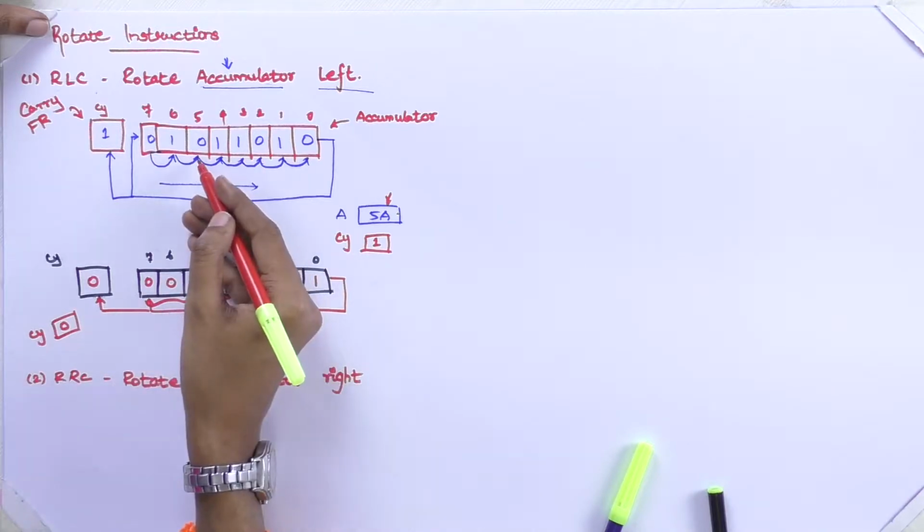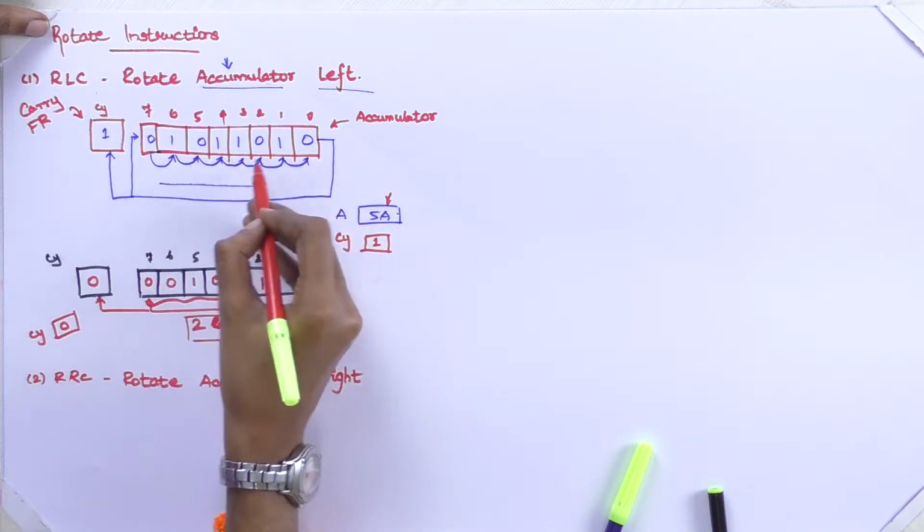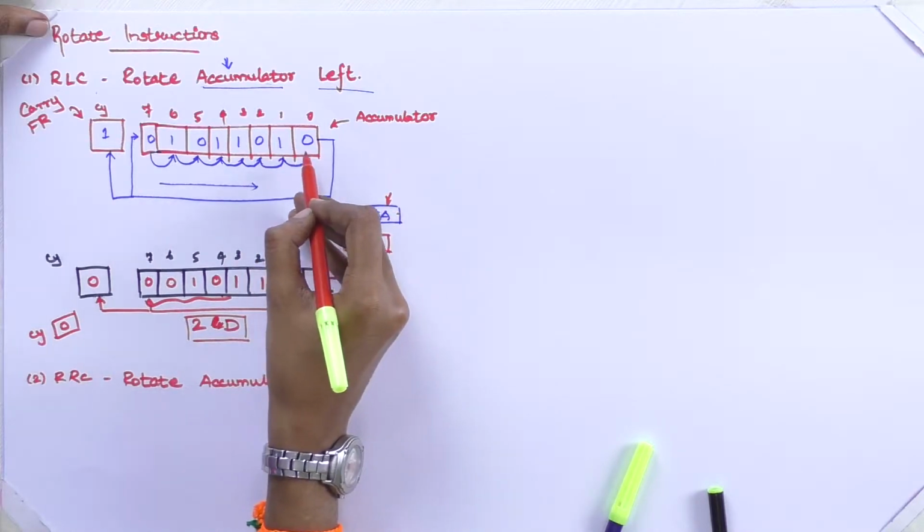In the previous instruction we have rotated the accumulator value towards the left. In the previous video lecture we have seen about the logical instructions. In that, 4 instructions are remaining. Those instructions belong to the rotate instructions. So first we are going to see about rotate accumulator left.